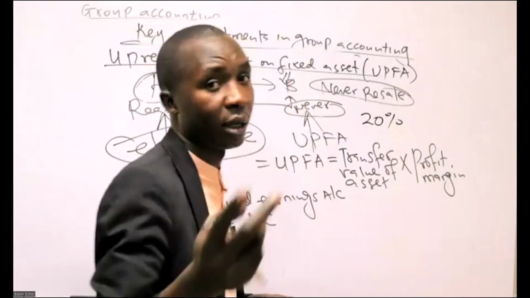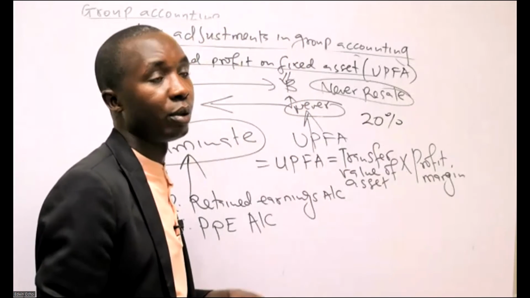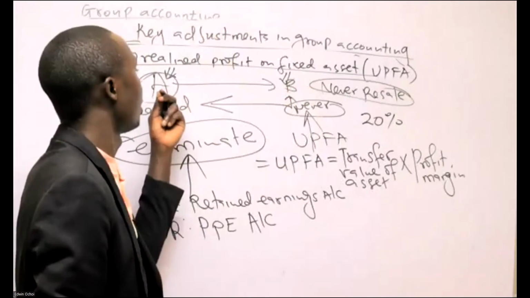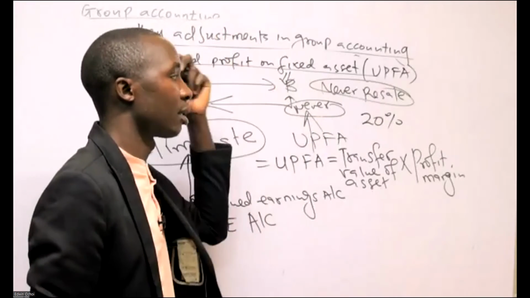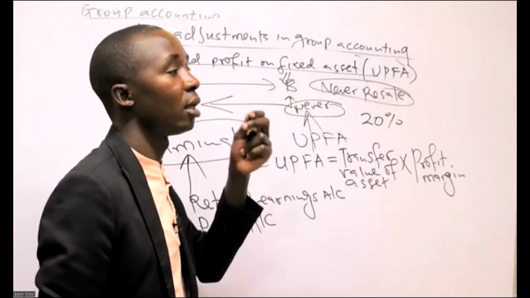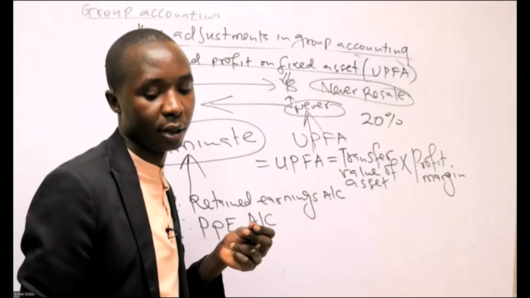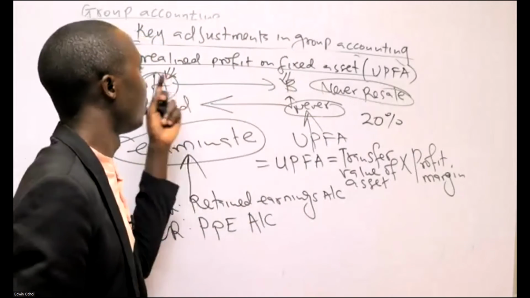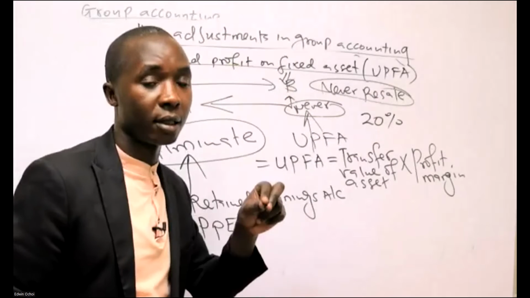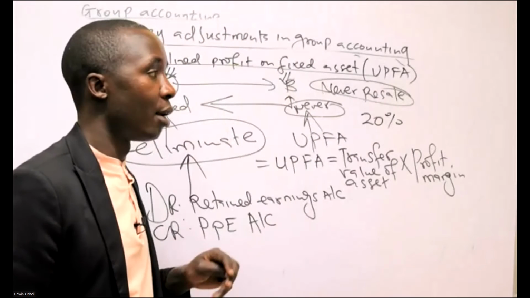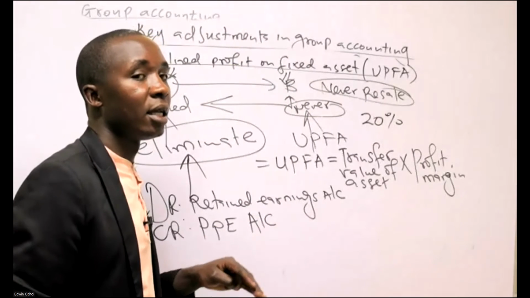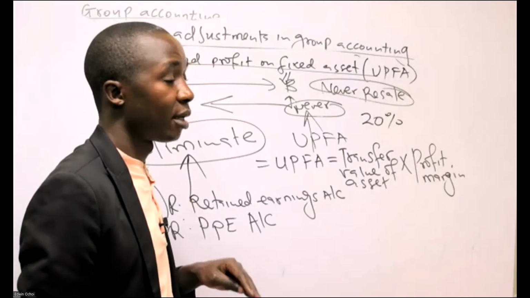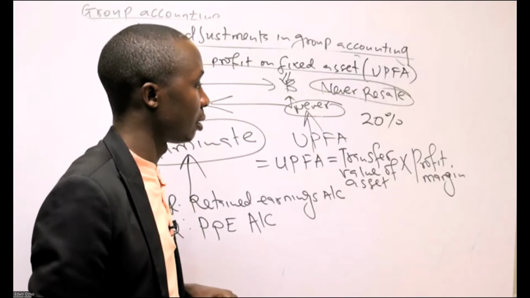Group is the parent and its subsidiaries, here A the parent and B the subsidiary. So both of them subjected that asset to depreciation, meaning that they understated the value of the asset.